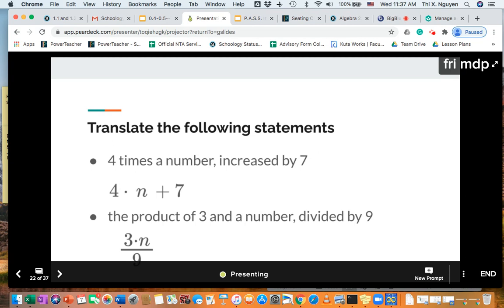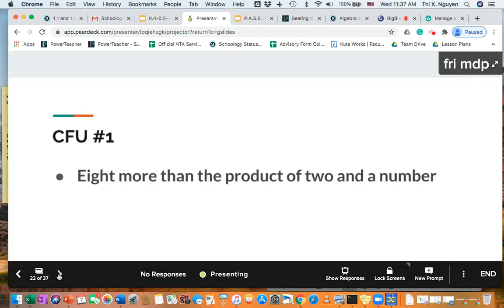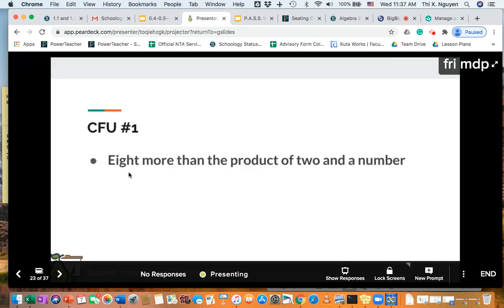So that is the Khan Academy assignment that I want you to work on. Look over here, say 8 more than the product of 2 and a number. So 8 more than, so that would be add. For the time that we have, we're not going to do check for understanding here. I saw one of you already did it. That's fine. But I want to share the screen to show you the Khan Academy assignment.